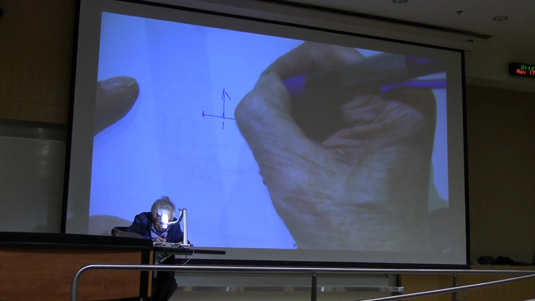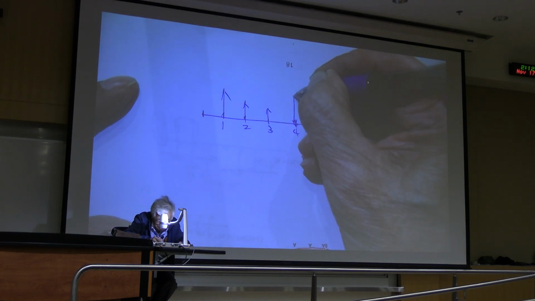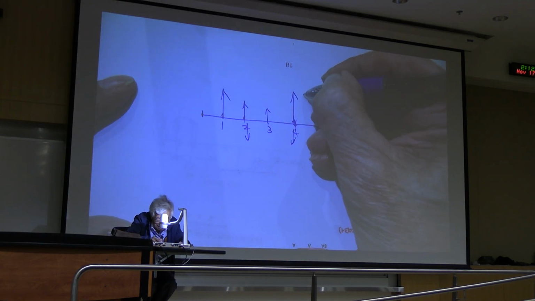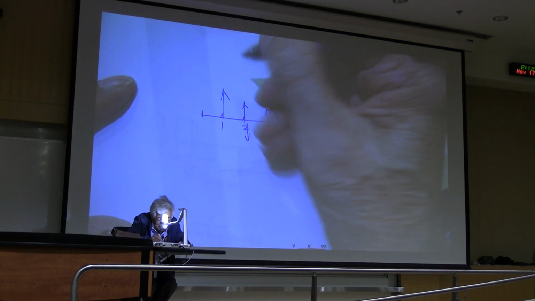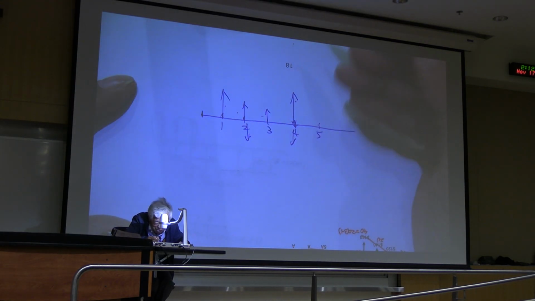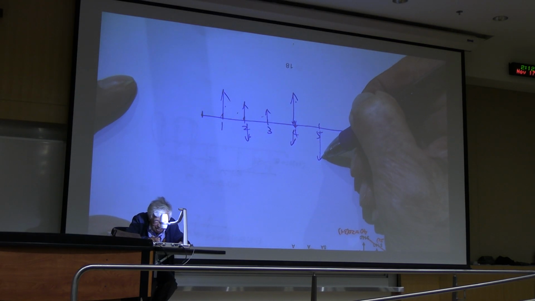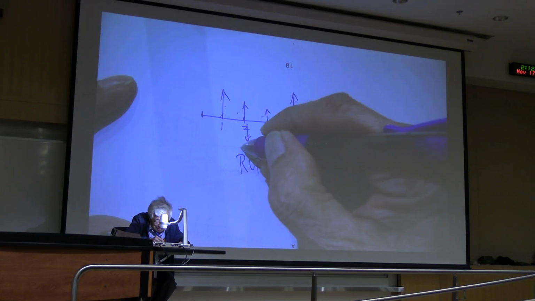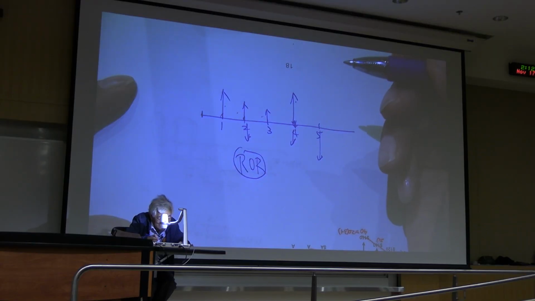You have different income, some expenses. So you have positive cash flow, negative cash flow. What do we mean by ROR?